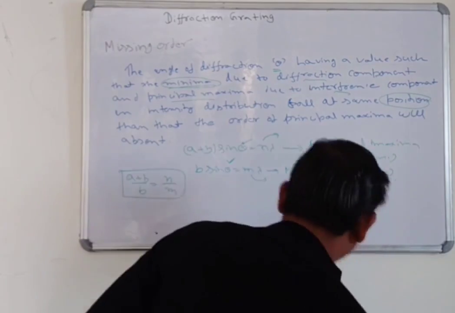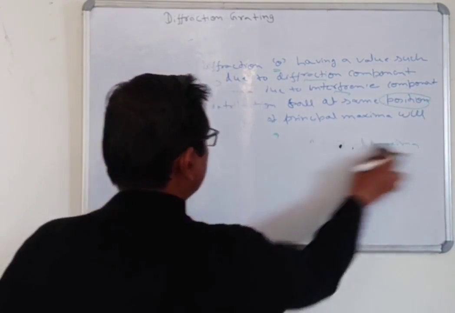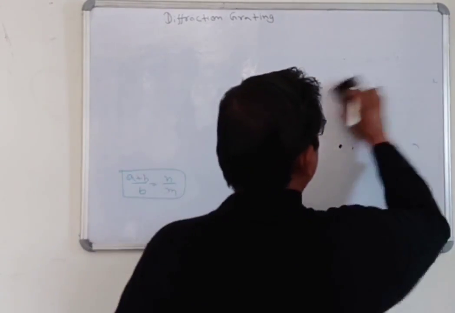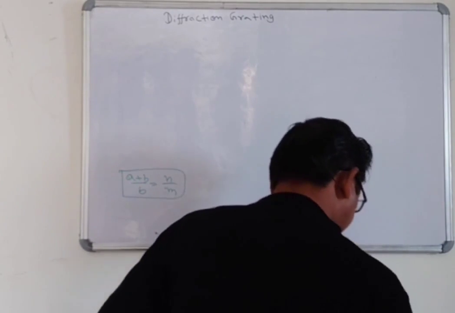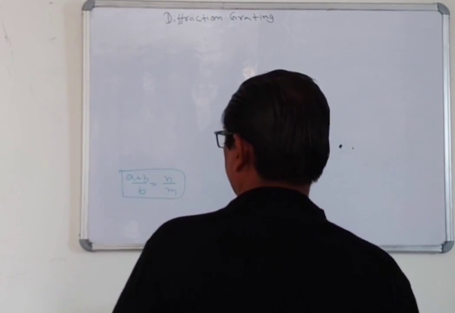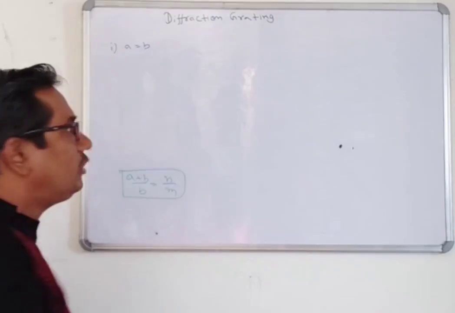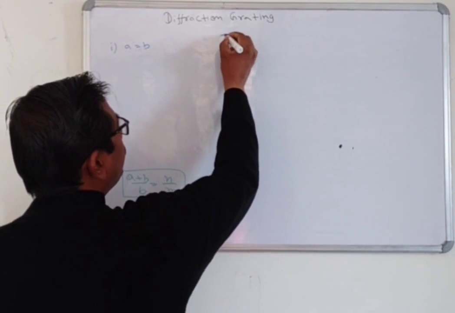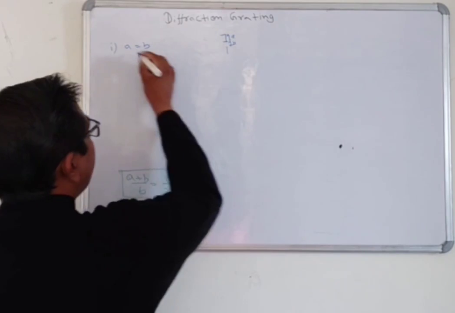Suppose the first condition is a equal to b. It means that there will be the opening and closed portion, a and b, with a equal to b.